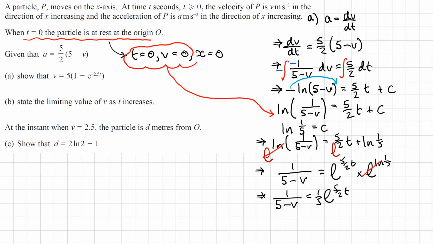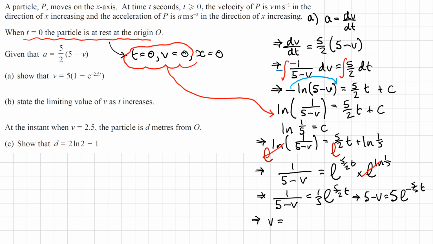Now I need to take the reciprocal of both sides. So I will have 5 minus v is equal to, the reciprocal of a fifth is 5, then the reciprocal of that power is going to be a negative power, and then we're almost there.